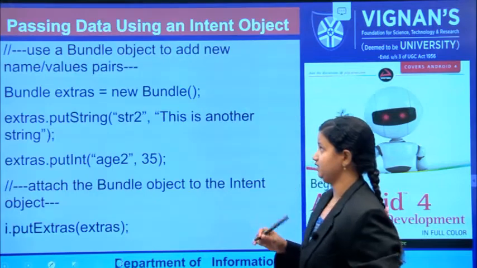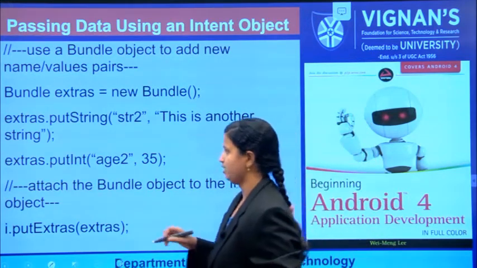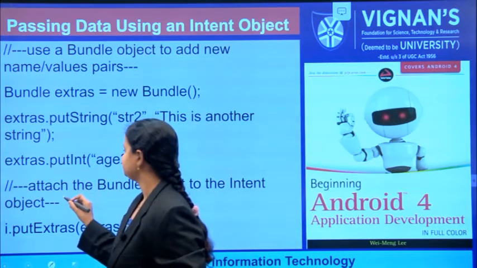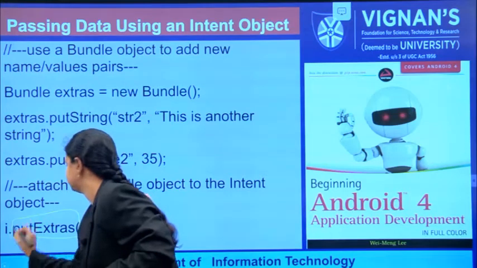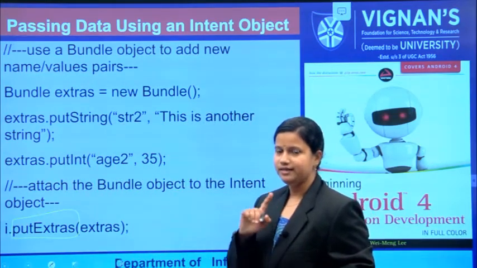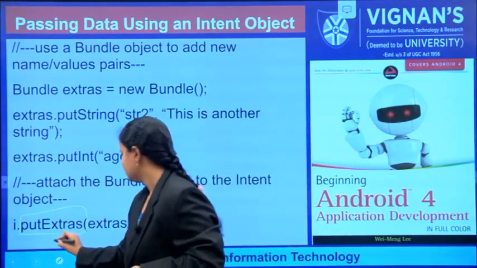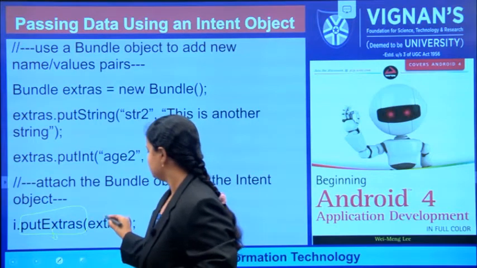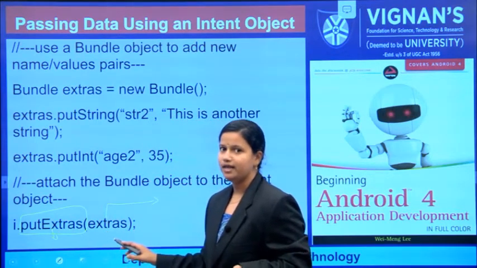The second way to set the intent data is to use putExtras. While putExtra is a name value pair, with putExtras the value we pass is a Bundle object.